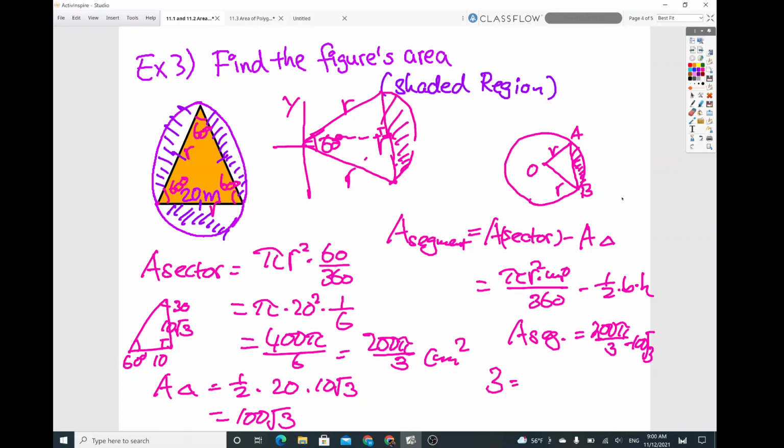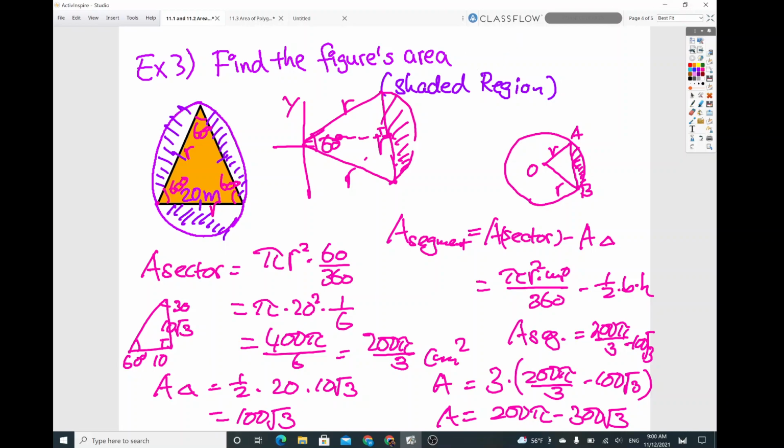So 3 times the quantity of 200 pi over 3 minus 100 root 3. For the shaded region, distribute, so we have 200 pi minus 300 root 3. Then that would be the area of the shaded region.